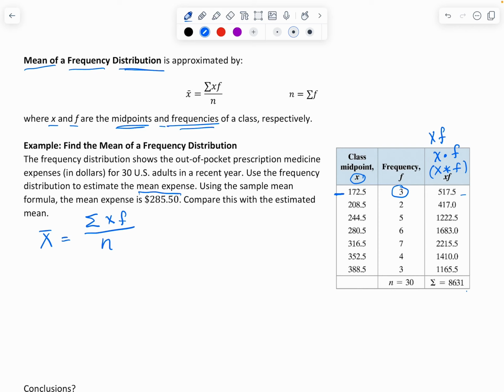So this 8,651 really is the sum of the column XF. This 30 really is the sum of the frequency. So now I just have to use those two numbers, 8,631 divided by 30, and that's going to give me $287.70.